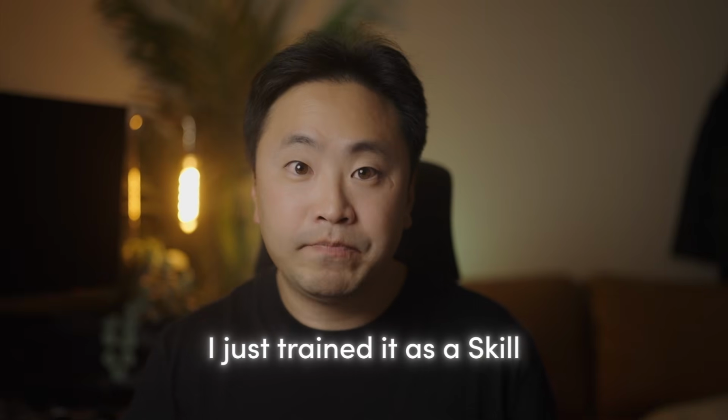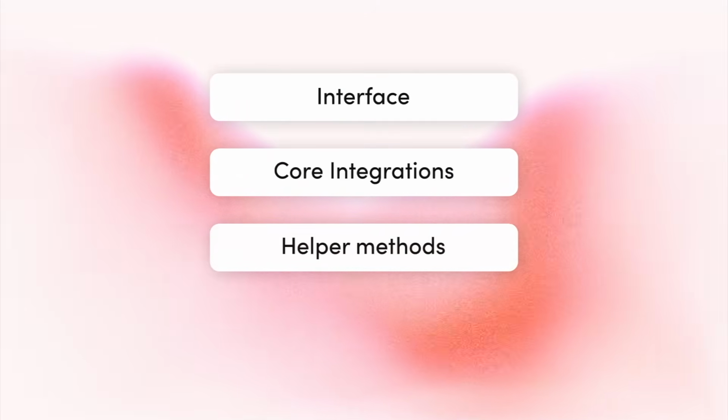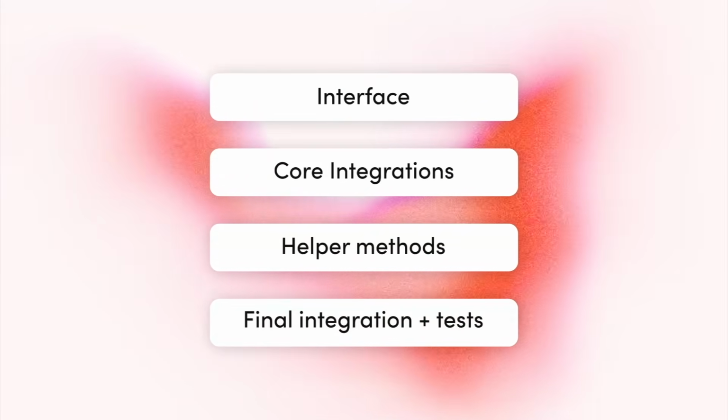But with Claude Code, I just trained it as a skill. I have a pretty straightforward system and logical way of breaking up a diff, right? I do the interfaces first, and then the helper methods, and then the integration and some tests, right? And that's a high-level ordering, right? Start with the leaf nodes and then work your way into the integration.